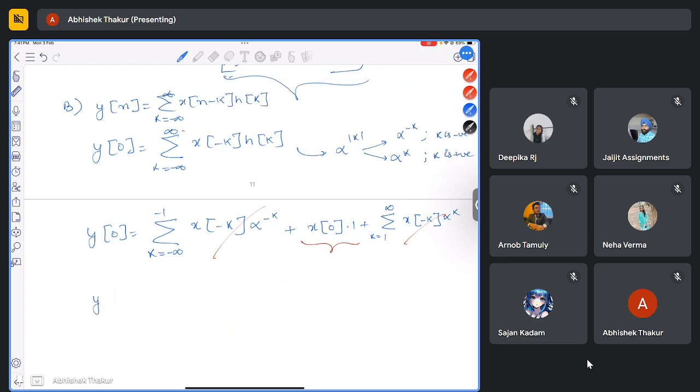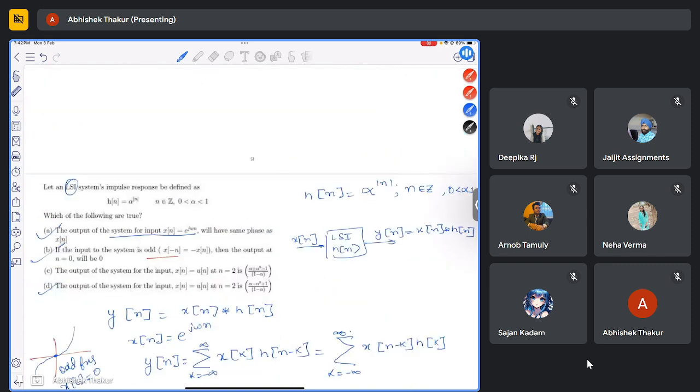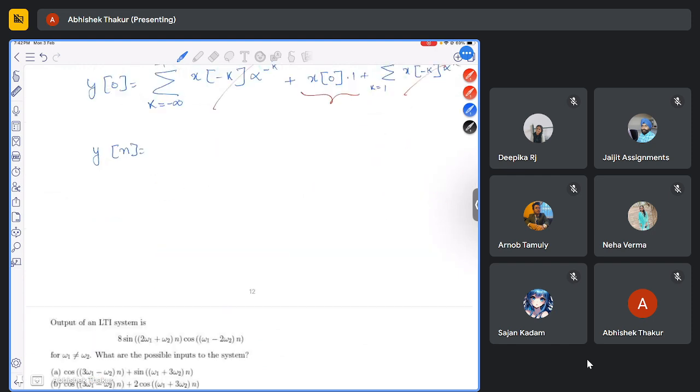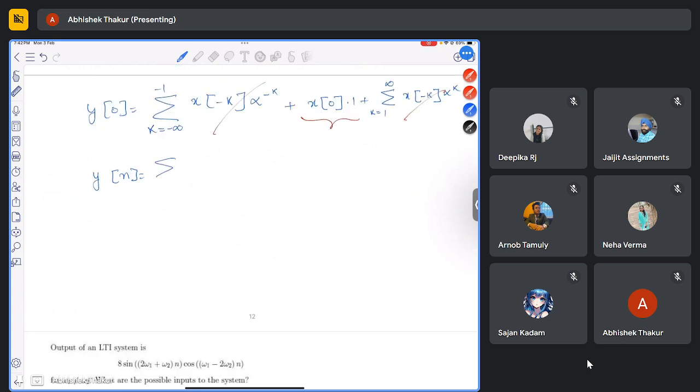Y of n is equal to, here it is given, x of n is u of n, the unit step function. So y of n is equal to the summation of u of k into h of n minus k, with k from minus infinity to infinity.